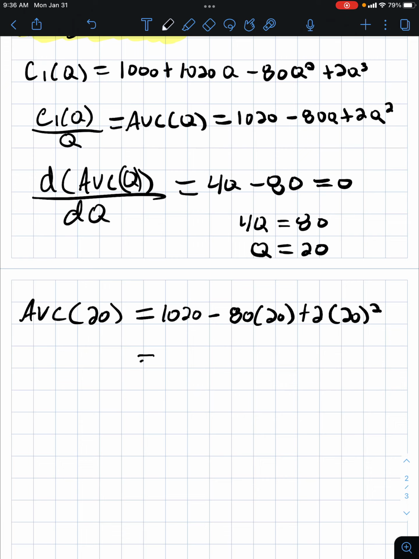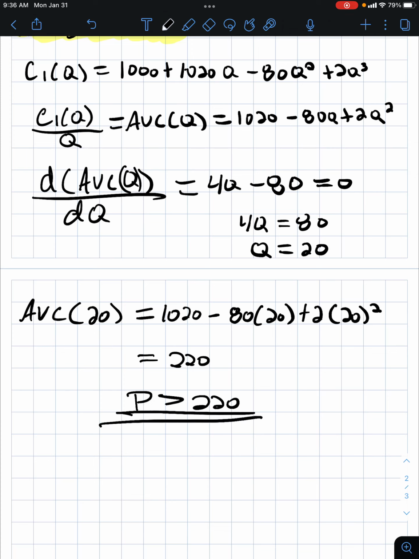And if you plug this into a calculator, you get 220. So the firm will produce in the short run where the price is greater than 220. The firm will shut down in the short run if the price is less than 220.